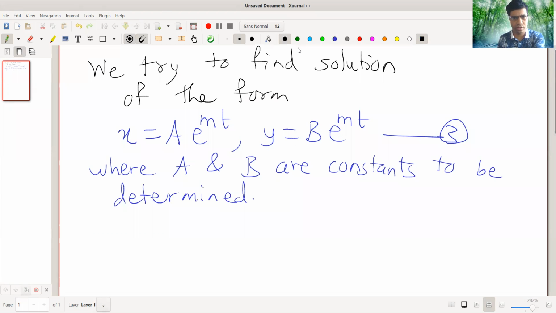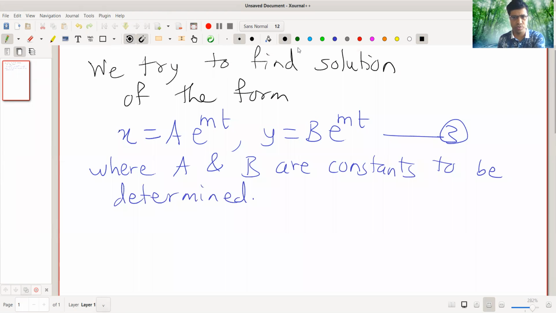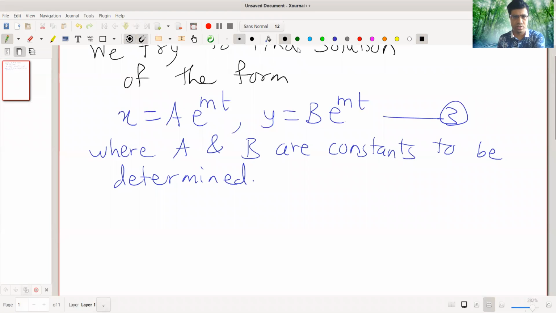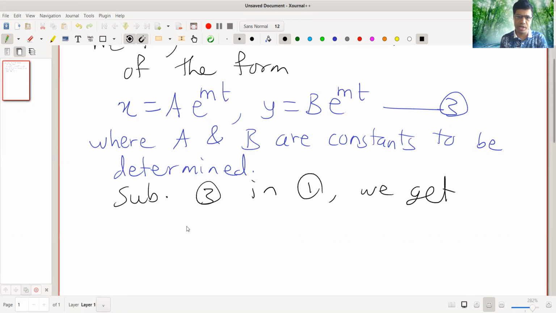Since we want solution in this form, we substitute the values of x and y in 3 in given equation 1. Substituting values 3 in system 1, we get, so left hand side of 1 is dx by dt.